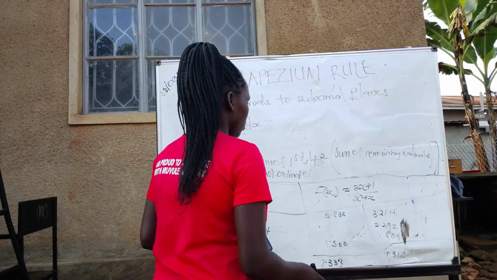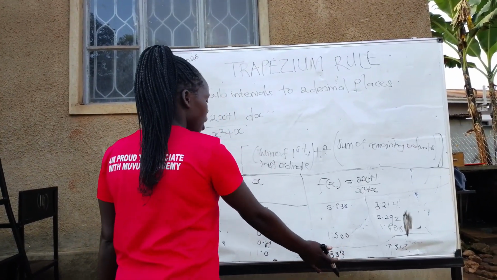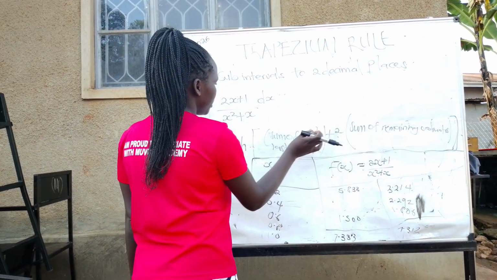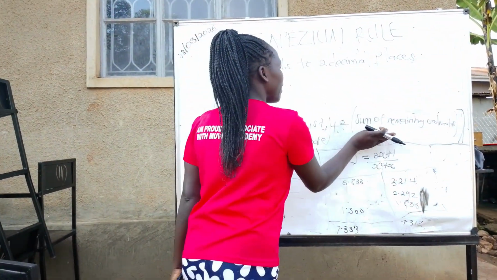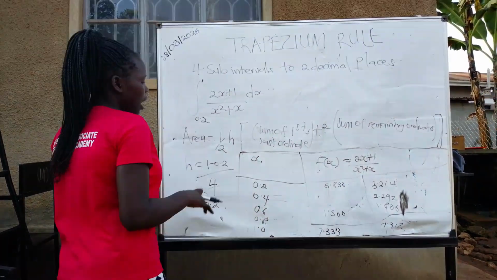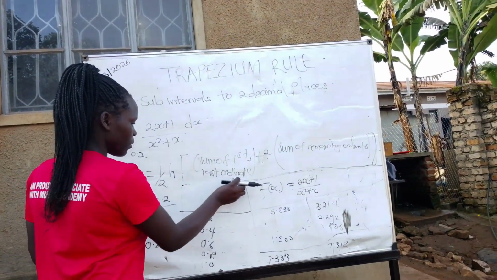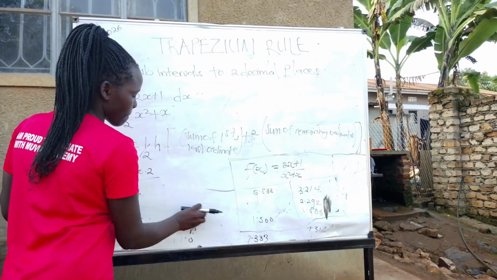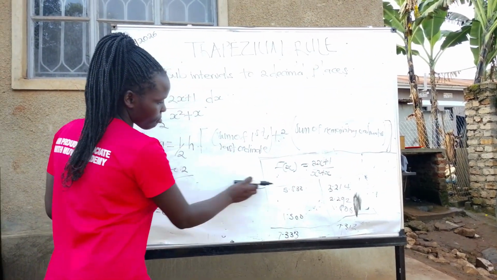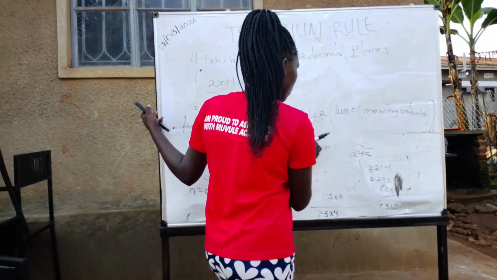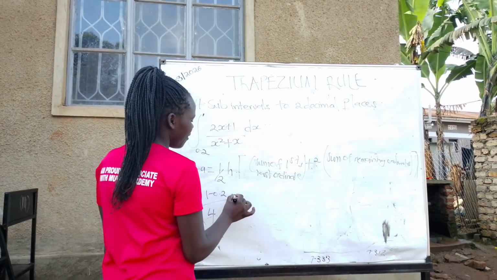And we are going to put the sum of the first plus the last ordinate, the sum of the remaining ordinates, and our height into the formula.